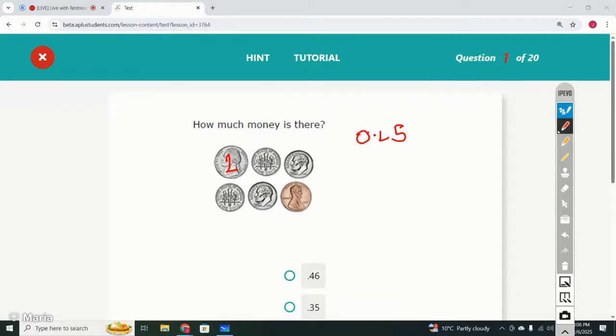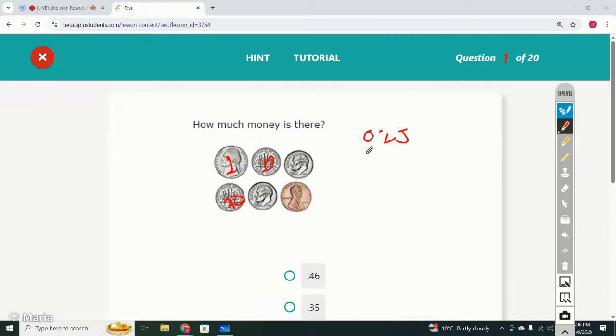Now we have 1 and 2 dimes, so we can count the dimes by 0.10.